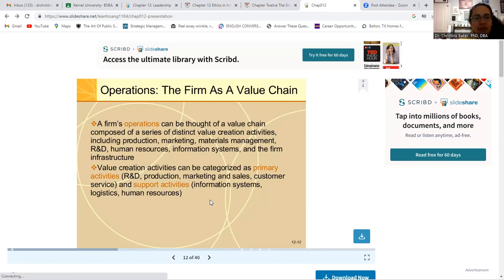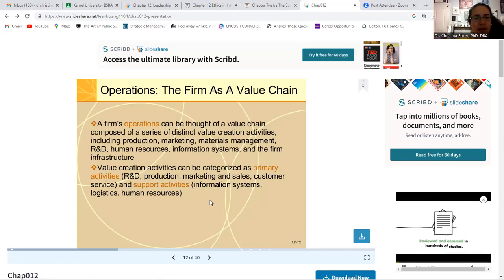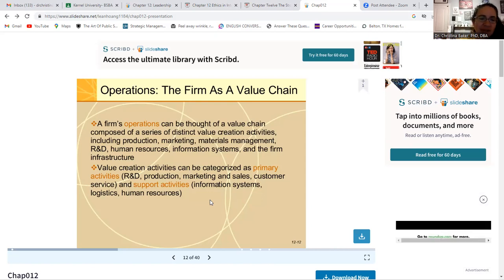Value creation activities can be categorized as primary activities: R&D, production, marketing, sales, consumer services; and support activities: information systems, logistics, and human resources.